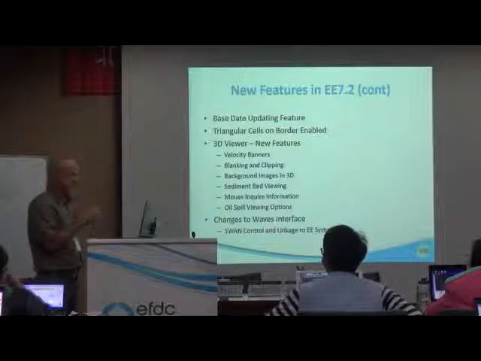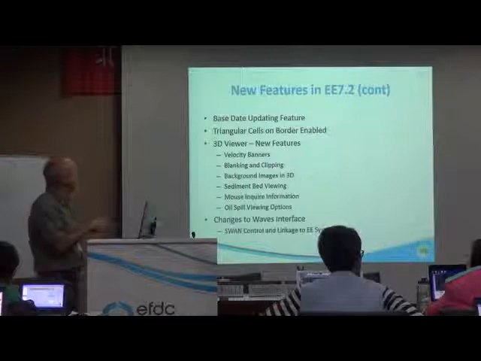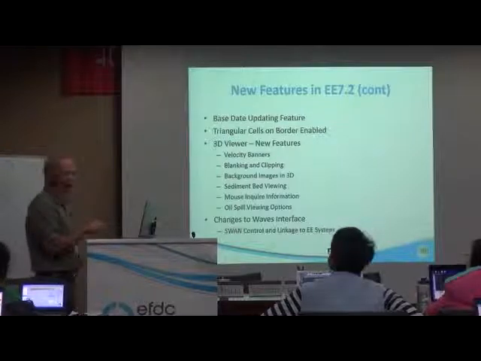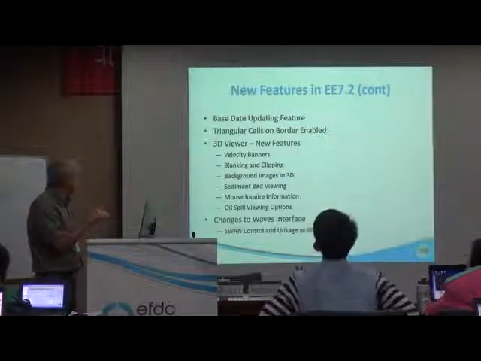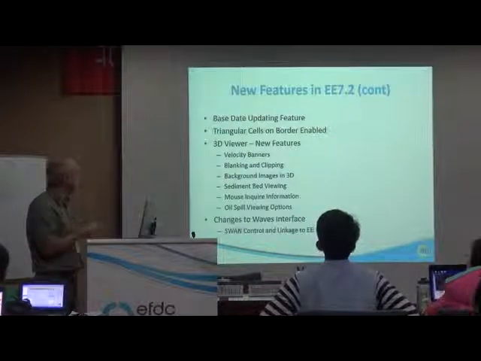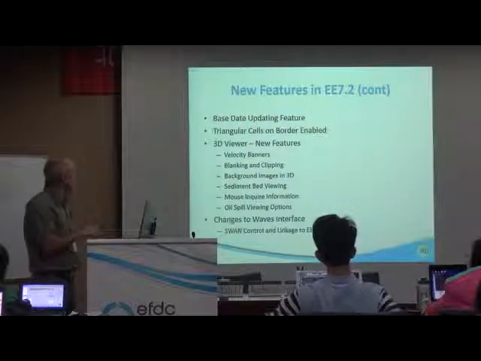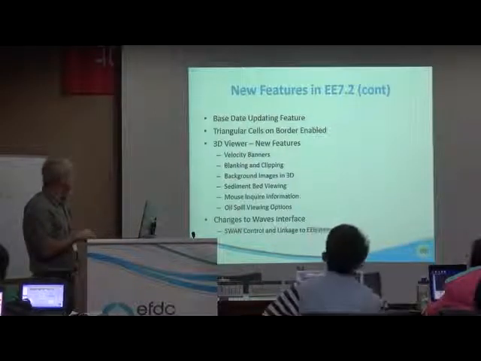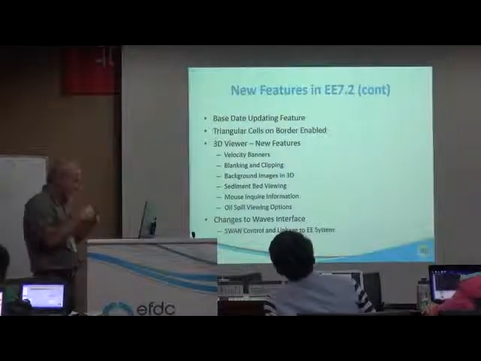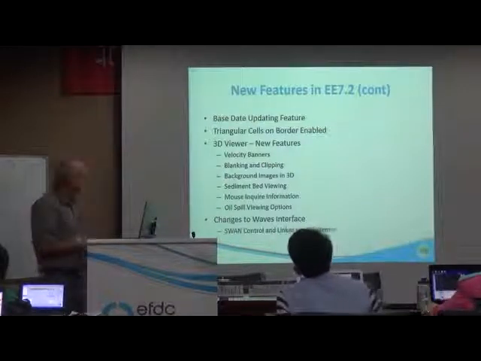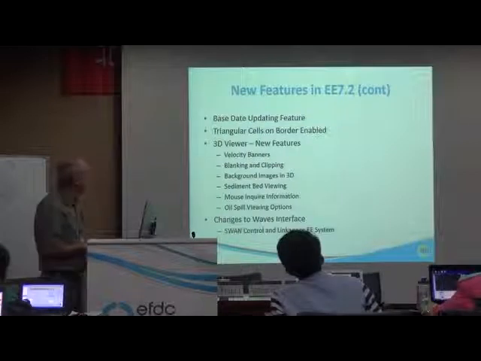Triangular cells, EFDC has the ability to handle edge cells that are triangular, and now EE supports that and has some nice automated features. Velocity 3D velocity banners, enhanced blanking and clipping of our 3D images, viewing the oil spill options. These are all a range of the different options that have now been added to 7.2.